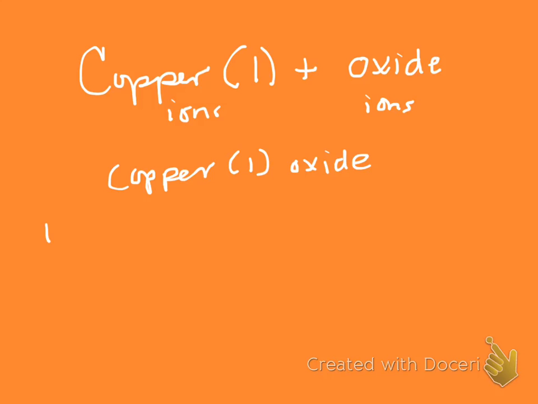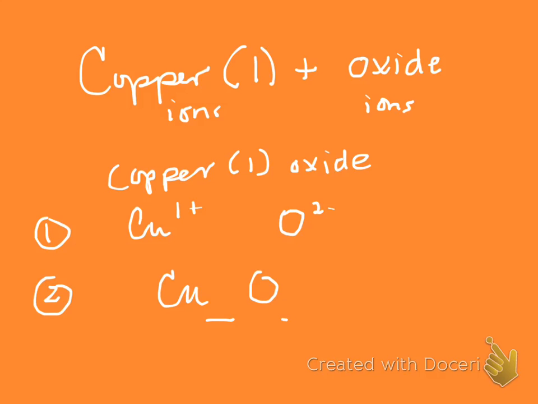So our first step whenever we're going from a name to a formula is to write the ions. What's the copper 1 ion? Cu, Grant's tomb. What's the charge on a copper 1 ion? 1. Cu 1 plus. What's the charge on an oxygen ion, an oxide ion? 2 minus, right.